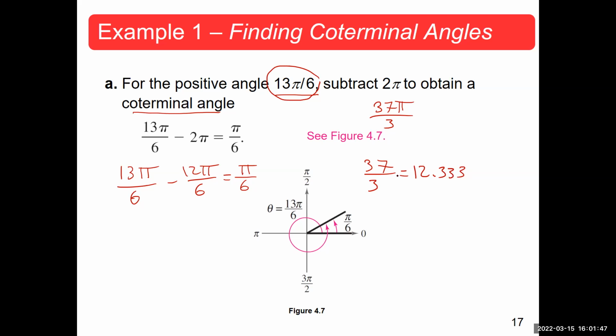So basically, you can see here I have 12.333 pi. That's my angle. If I divide by 2, that will give me the number of revolutions.